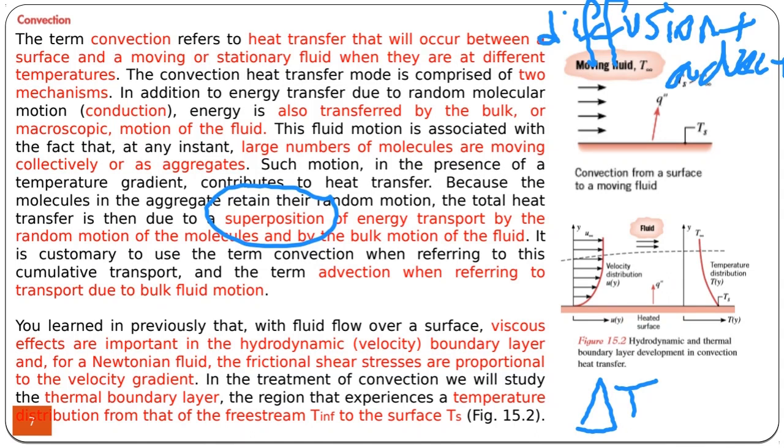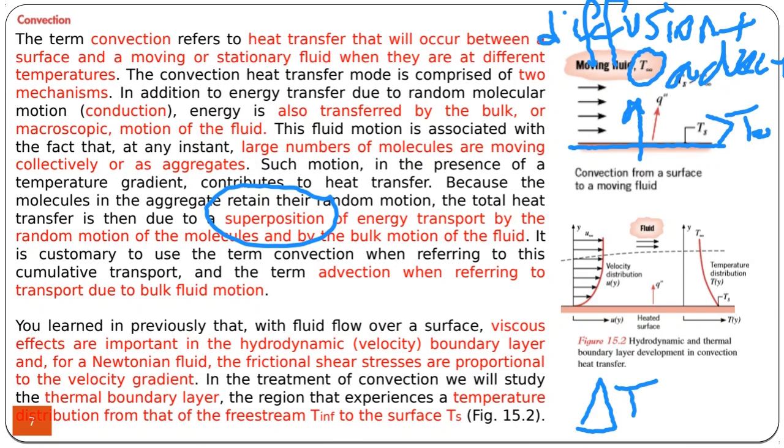Suppose that there is a flow over this plate. So we have a moving fluid at a temperature of T infinity, and the plate may be at a higher temperature than the surrounding. It means that the heat will flow from the hot plate into the surrounding air or fluid that's flowing over it.